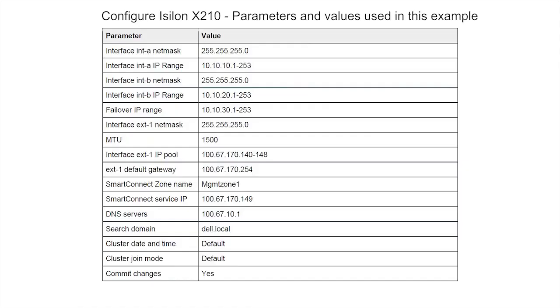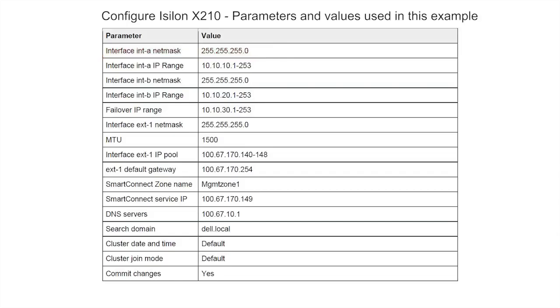For communication between cluster nodes, the network settings such as netmask and IP address range will be configured on side A, which is INT-A. Here you can see that for primary internal interface INT-A, the IP address range is 10.10.10.1 to 10.10.10.253 with subnet mask 255.255.255.0.